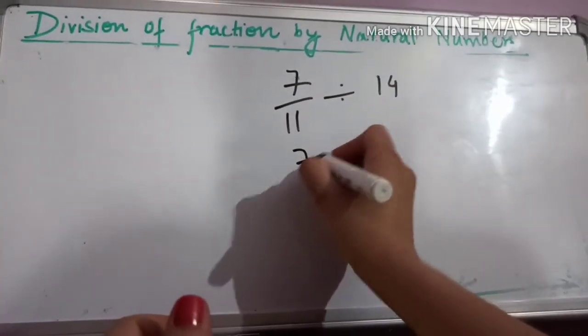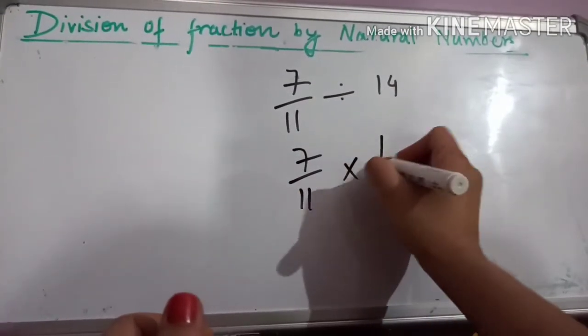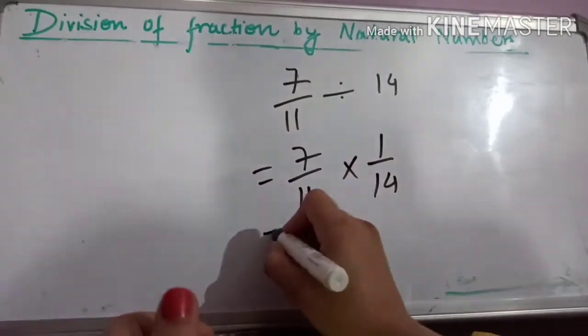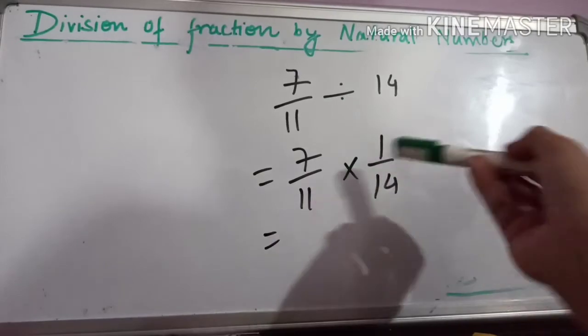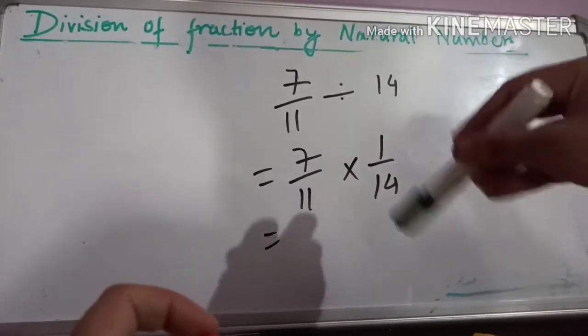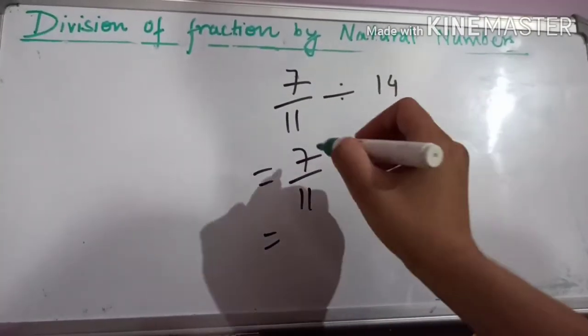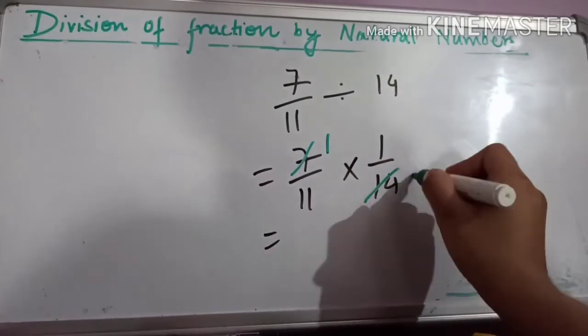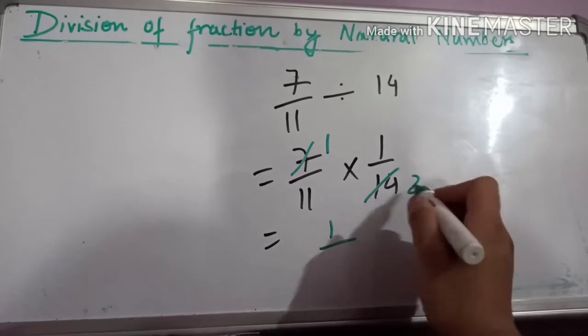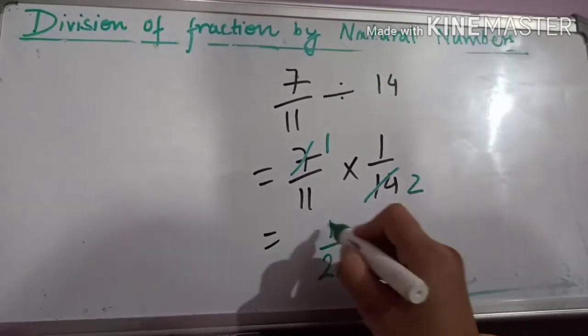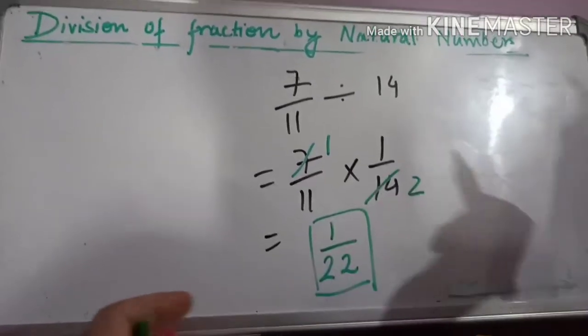So 7 by 11 multiplied by 1 by 14. You can solve it in two ways, by actually multiplying the numerators and denominators and then reducing, or we can reduce it here only. 7 ones are 7, 7 twos are 14. Multiply the numerators, 1 ones are 1, and the denominators, 11 twos are 22. So this will be the fraction.